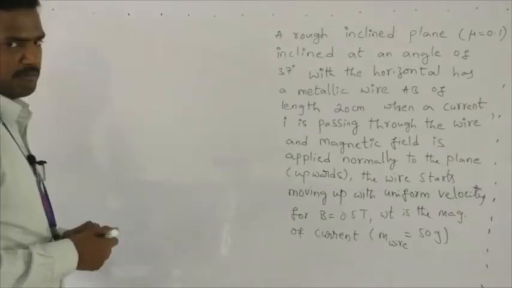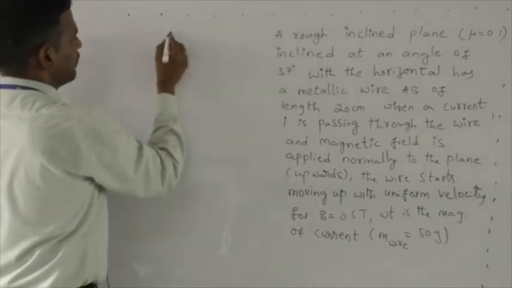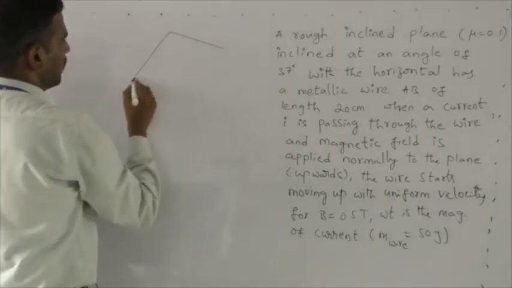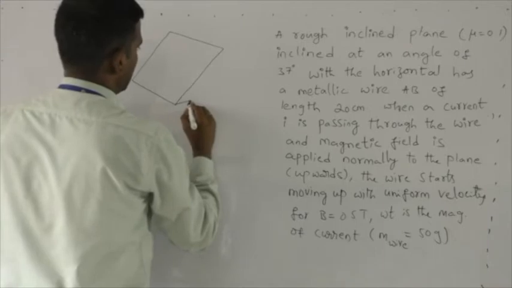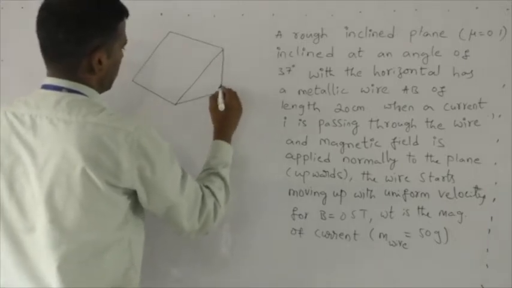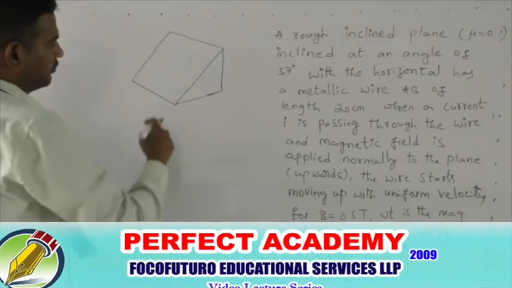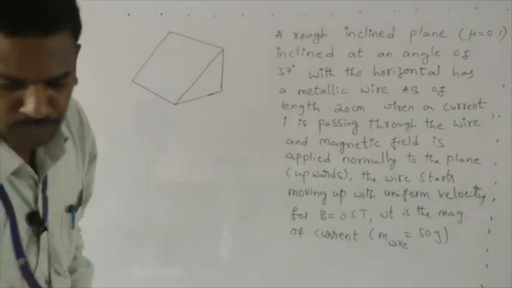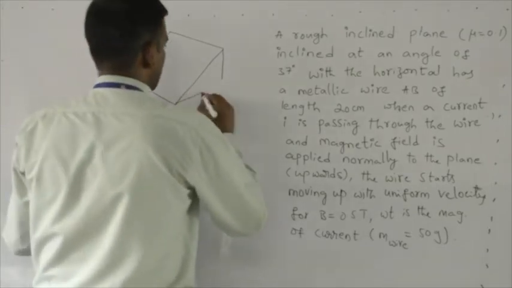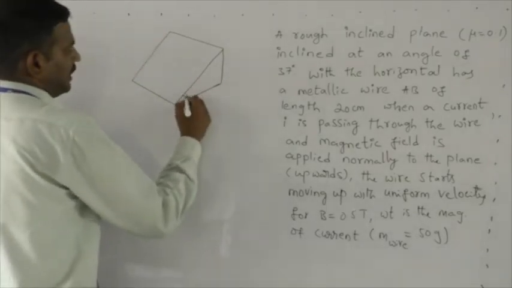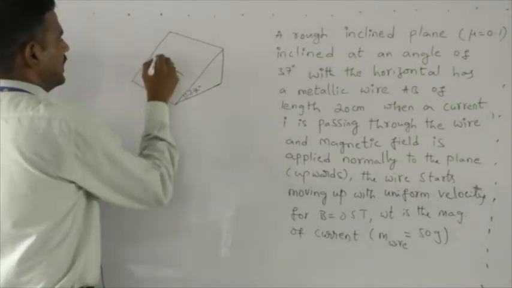Let us try to draw the diagram first so that we will understand what is happening there. So that will be something like this. Let us assume it is an inclined plane, where the angle of inclination is given as 37 degrees, and here is one wire, they call it AB.